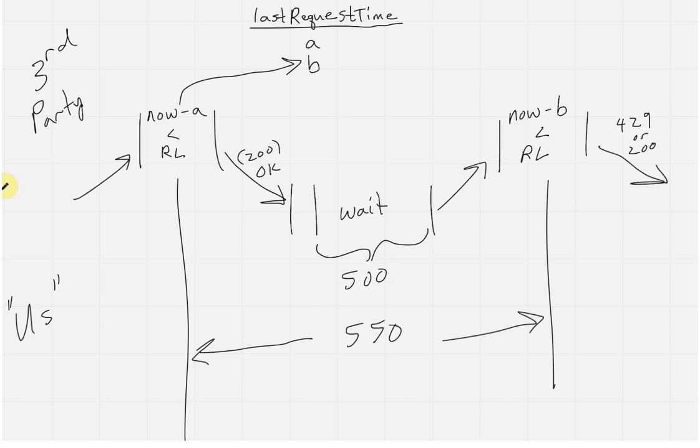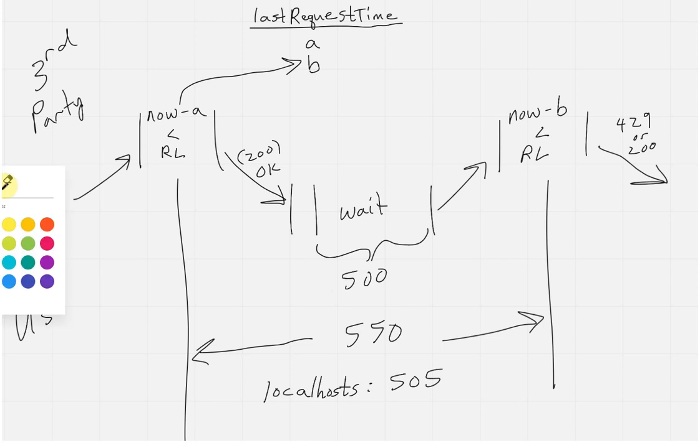On my computer with two localhosts talking to each other, it was only like 505. So it was only 5 milliseconds for all the messaging and non-wait processing to occur, and the wait was 500. Okay, so I wanted to explain that part.